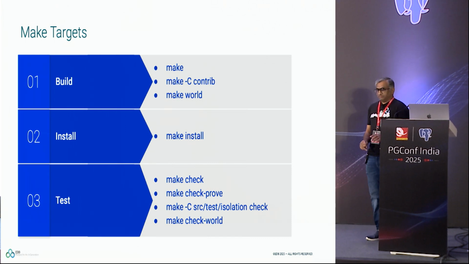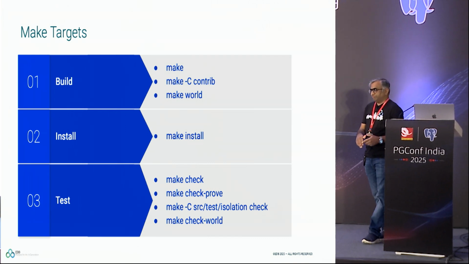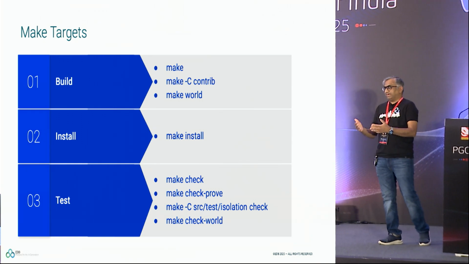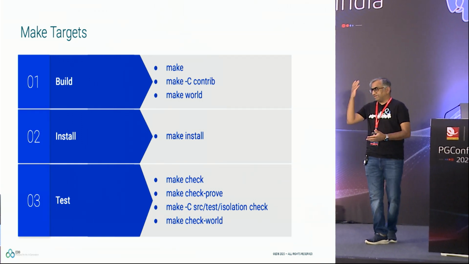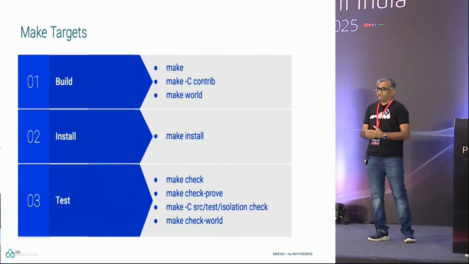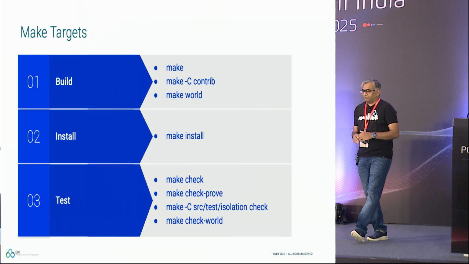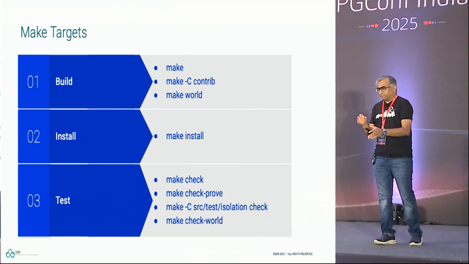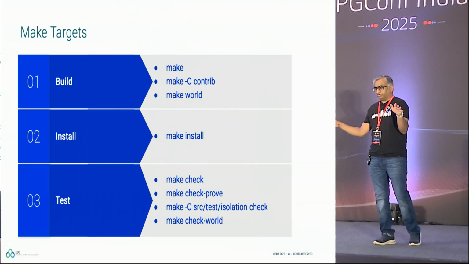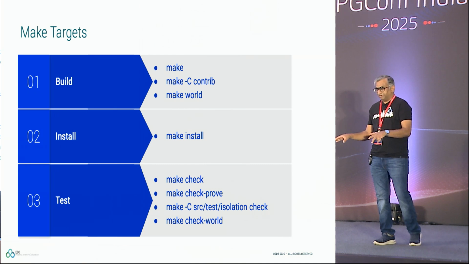Once you configure your code, you run make, and typically there are probably 20 different make targets that make supports. But most likely this is what you would do. You will do a make to build your entire source tree, or you can do make -C contrib.